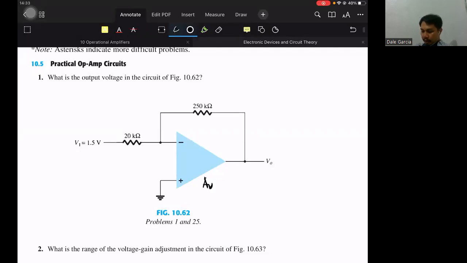The gain is just the quotient of these two: 250 divided by 20, which is 12.5.